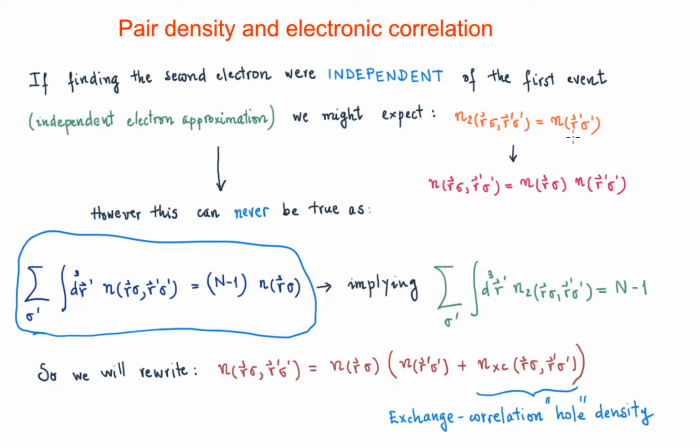And in this independent approximation, we have considered that the conditional probability is just the spin density.